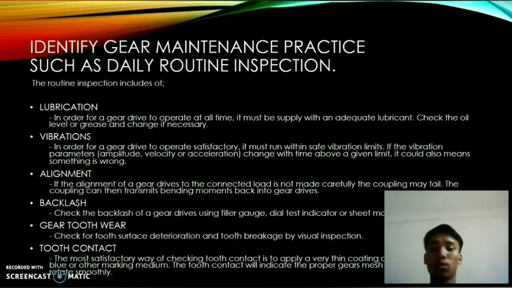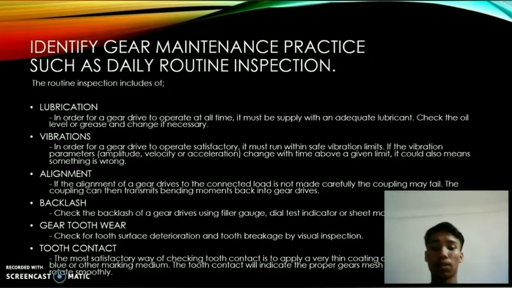Next, gear tooth wear. Check the tooth surface deterioration and tooth breakage by visual inspection. Last point is tooth contact.